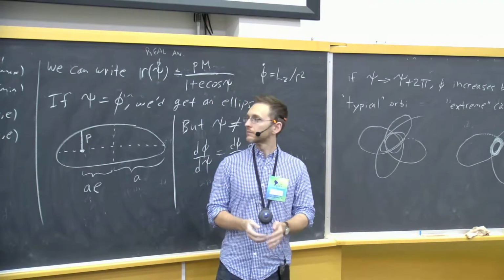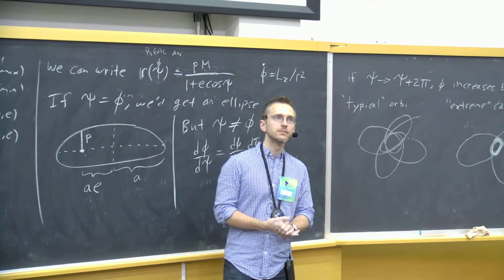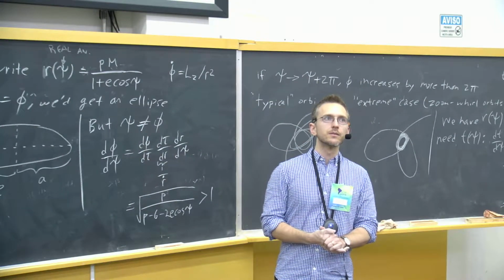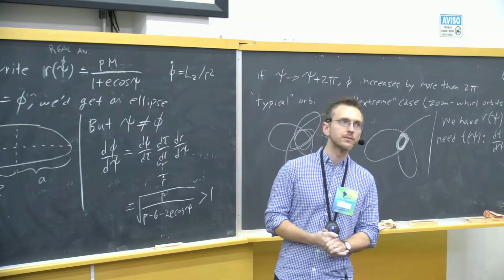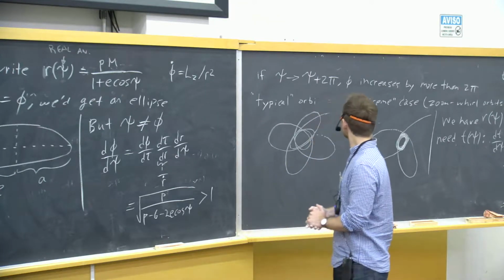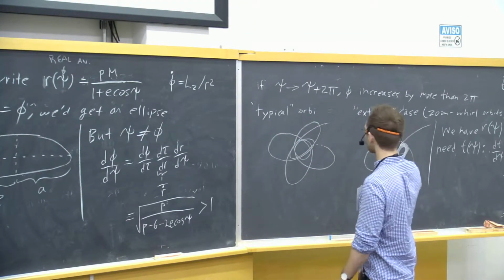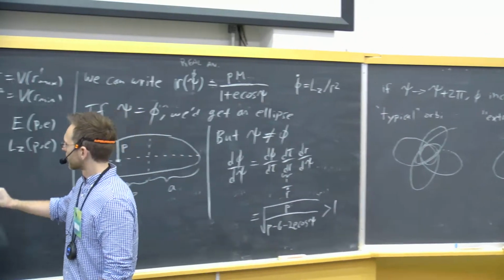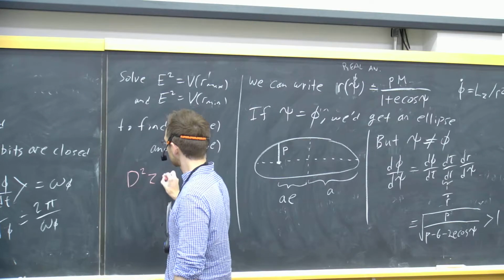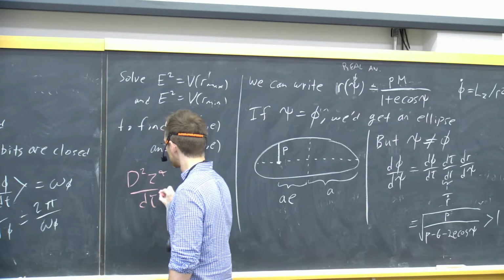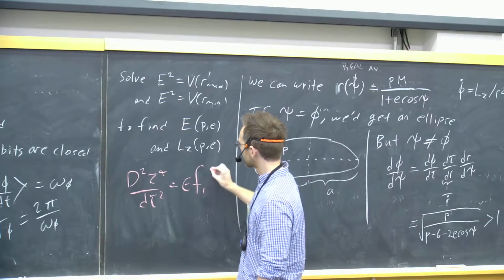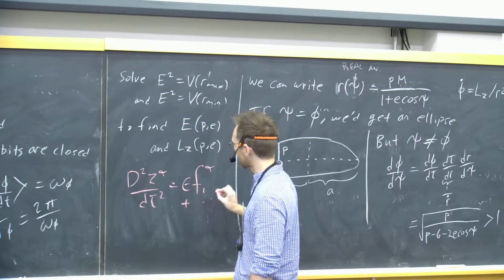So why is it important to study the geodesic orbits in Schwarzschild, for example? I guess I erased the perturbation theory. The general equation of motion was epsilon F1 alpha plus higher order things.